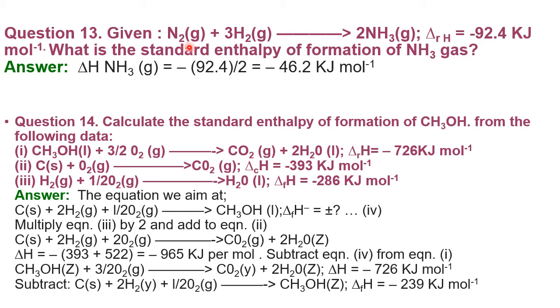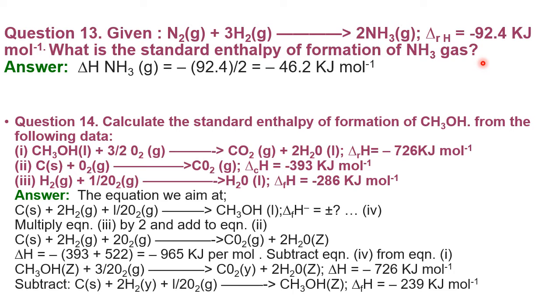Given N2 plus 3H2 gives 2NH3, and enthalpy change of the reaction is equal to minus 92.4 kilojoules per mole. What is the standard enthalpy of formation of ammonia gas? Enthalpy change of formation of ammonia or any molecule is for 1 mole formed from its constituent elements.